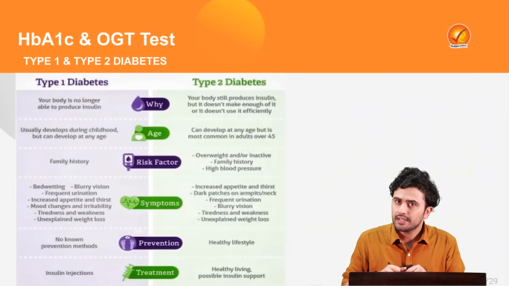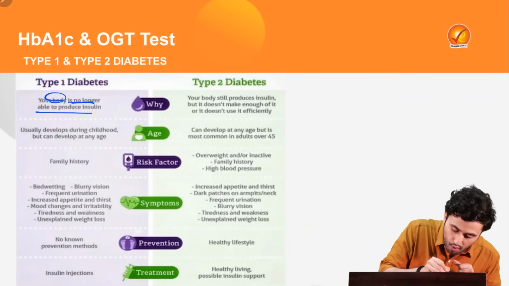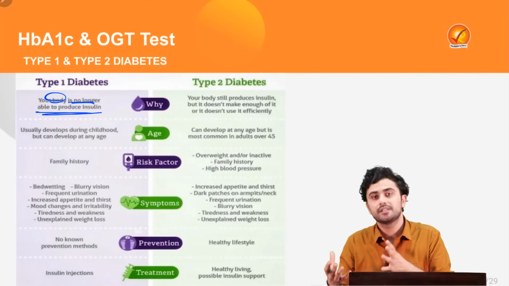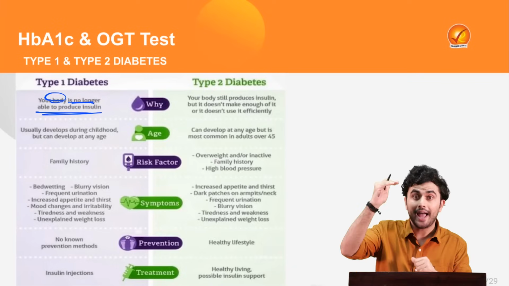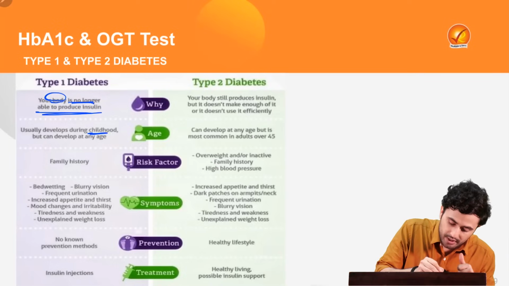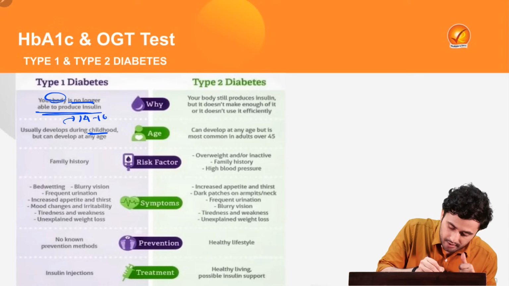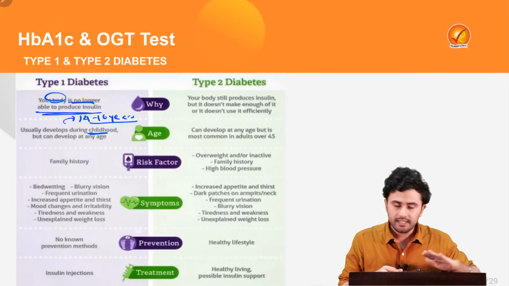What is the difference between them? Type 1 diabetes is when your body is no longer able to produce insulin, or the insulin being produced by the pancreas has declined. This usually develops during childhood, between 14 to 16 years, but it can also develop at any age.